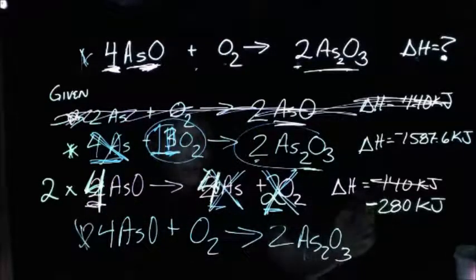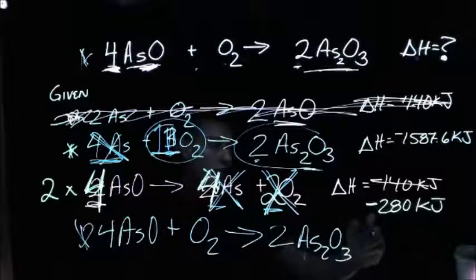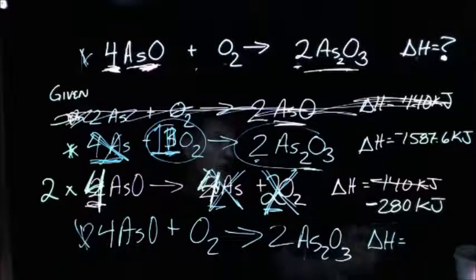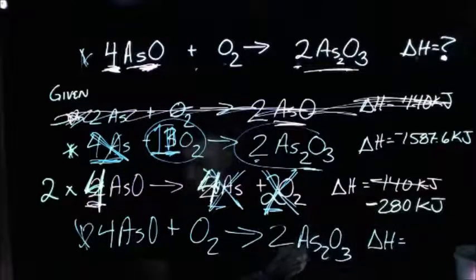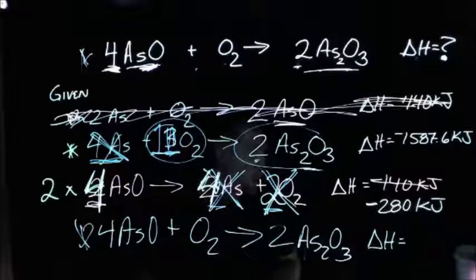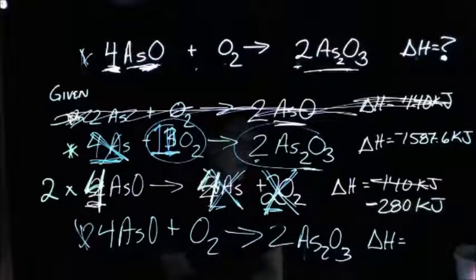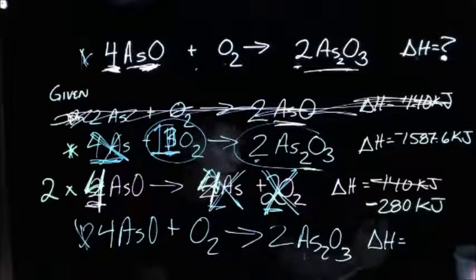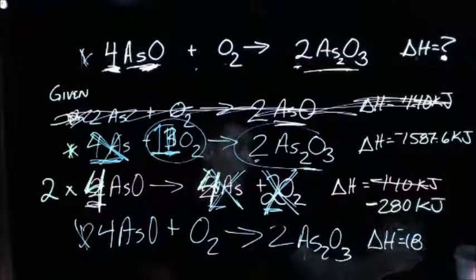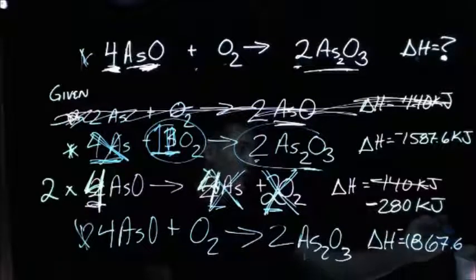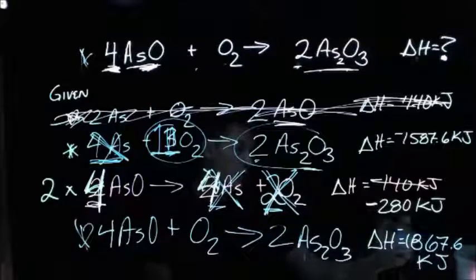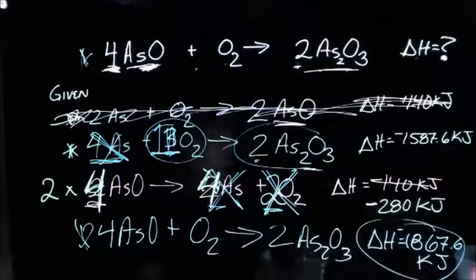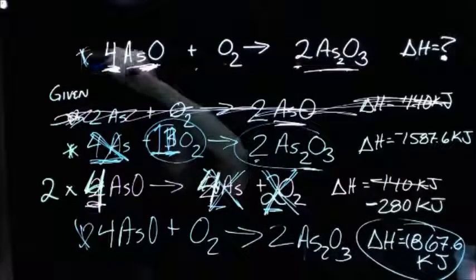So I can now add together the delta H's, and delta H for that overall reaction will equal 1587 plus 300 would be 1887, take back 20, so negative 1867.6 kilojoules. So there is our overall delta H for that original equation.